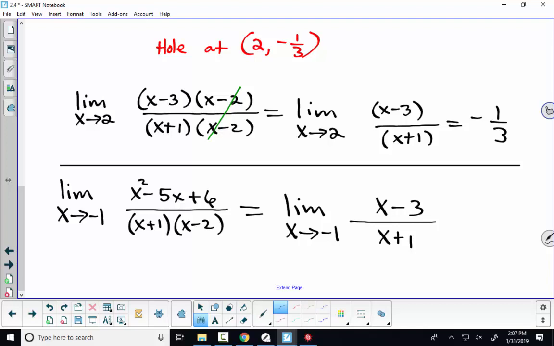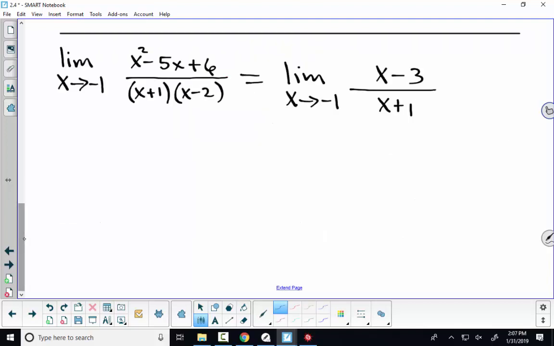So when you get to that, I hope you recognize that I've got a vertical asymptote on this function at -1. At this point, I need to look at one-sided limits. So what's the limit as x approaches -1 from the right on this function, x minus 3 over x plus 1? Okay, so let's just view it here.